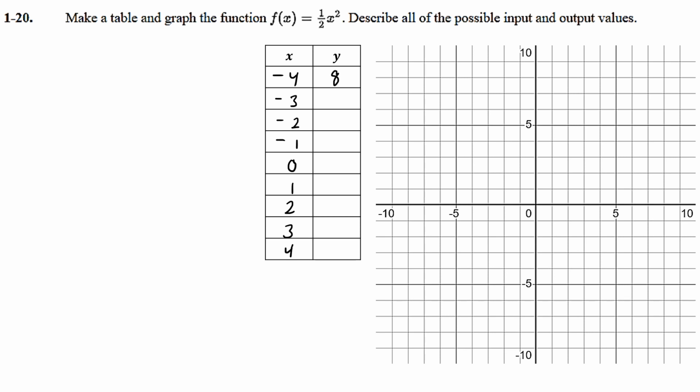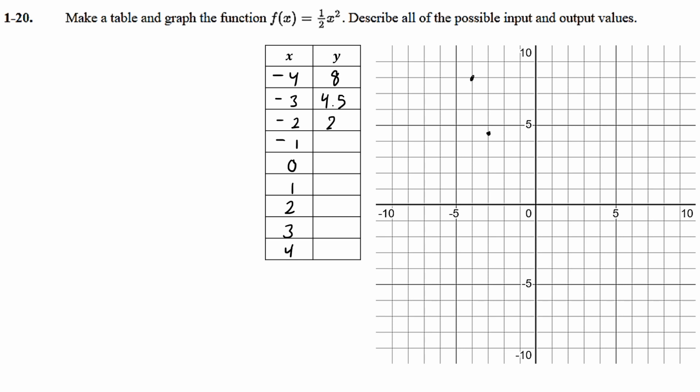So -4, 8. 1, 2, 3, 4, 5, 6, 7, 8. Plot that point. Now -3. So -3 squared is 9. Half of 9 is 4.5. So -3, 4.5. About right there. Oops. -2 squared is 4.